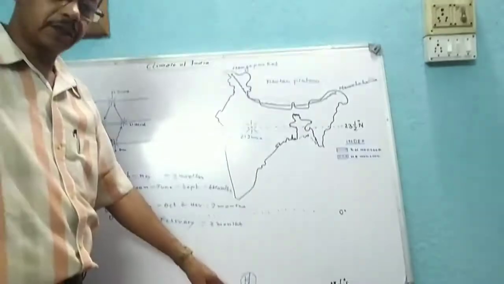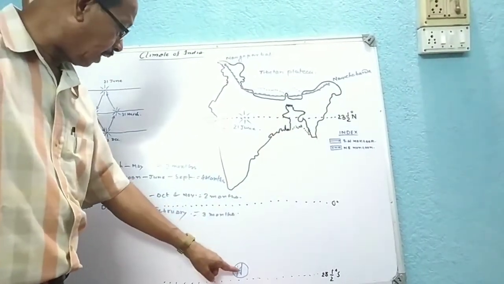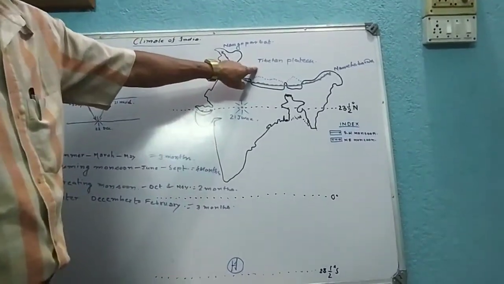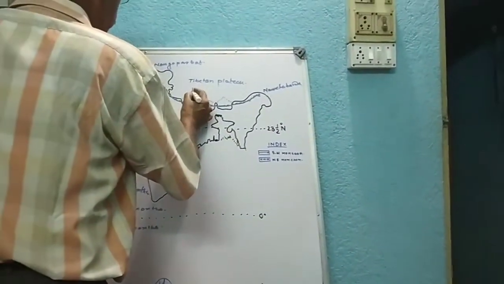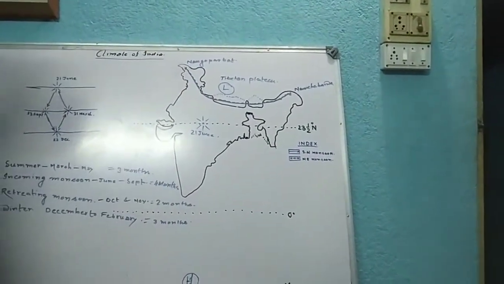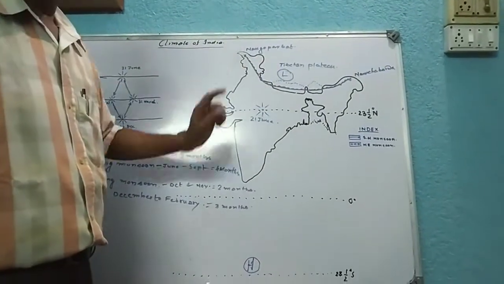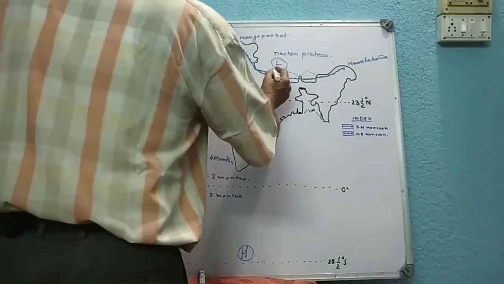This is your high pressure over the Indian Ocean, and from the Indian Ocean towards the Tibetan Plateau, there is a remarkable low pressure due to high temperature. Try to follow. From high pressure towards low pressure, wind should blow in this direction.